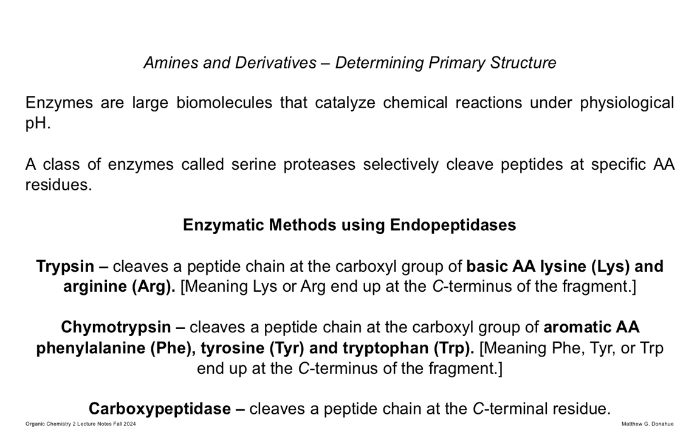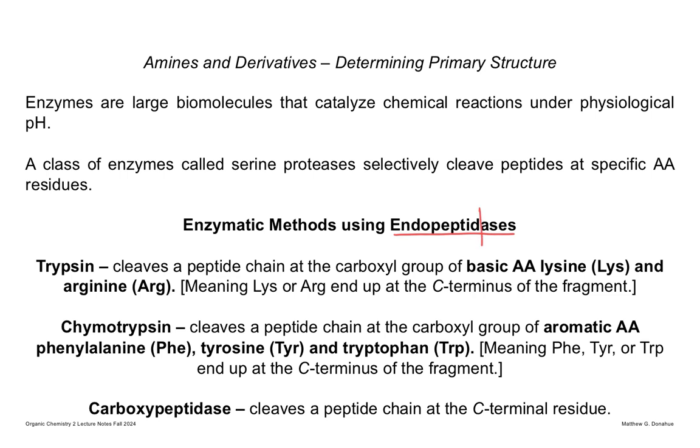So the 3 enzymatic methods are shown here. And so again, an enzyme is just a large biomolecule that's going to catalyze a reaction under physiological pH. And these are further classified as endopeptidases.